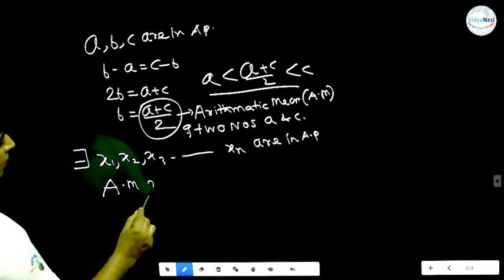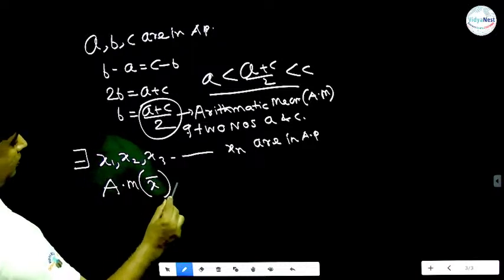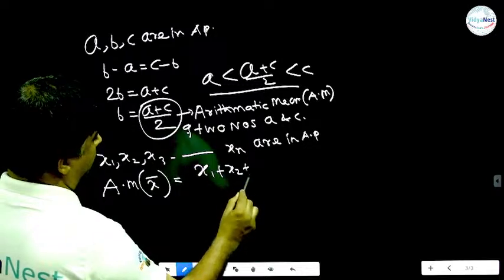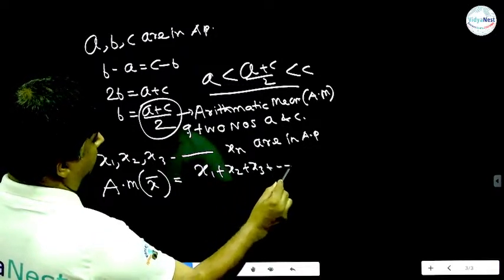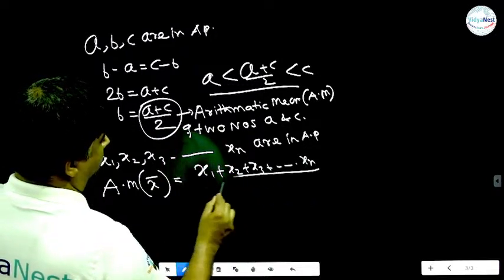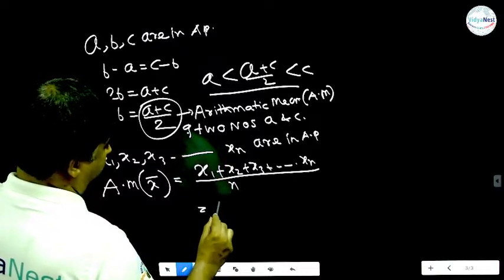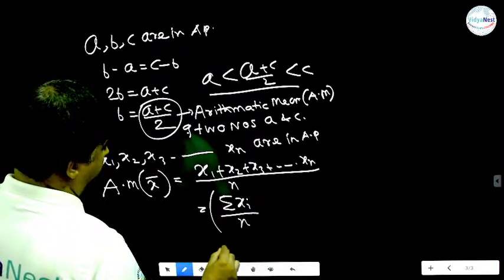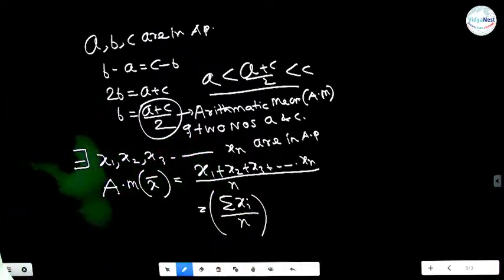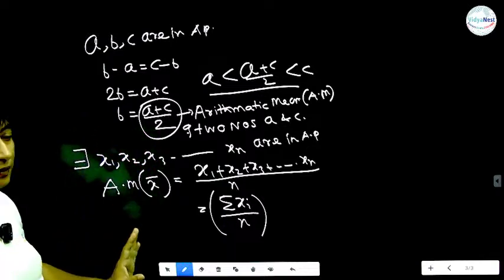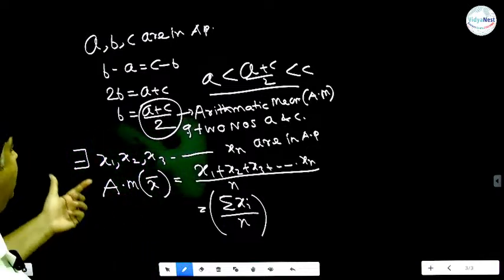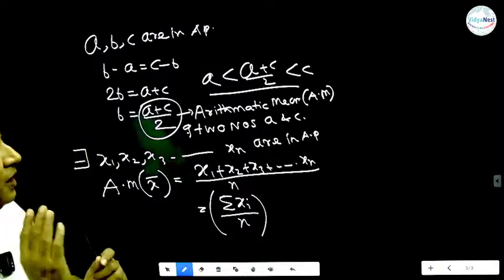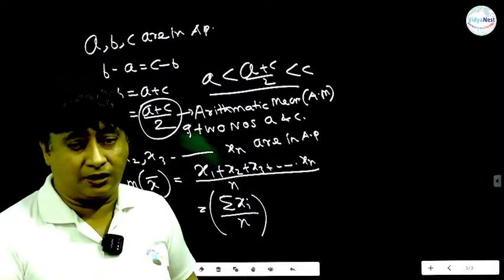It will be denoted by x bar, the sum of all the numbers by n. Summation of xi by n. That is the arithmetic mean.